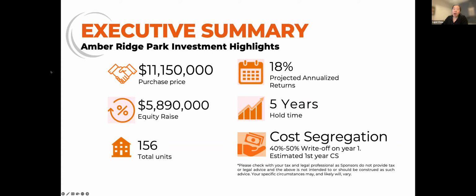And so I was talking about the cost segregation and why it is important, because a lot of people invest in real estate purely for the tax benefit, especially if you have rental incomes or passive income that you really want to offset, or if you sold the property this year or last year, depends on the tax year, right? You want to be able to offset some of that taxes. So cost segregation is a great way to do it.